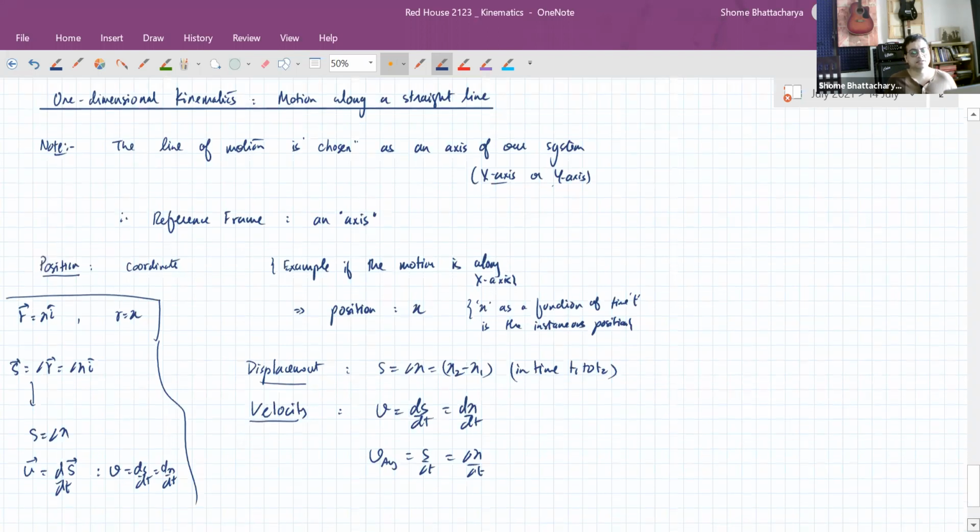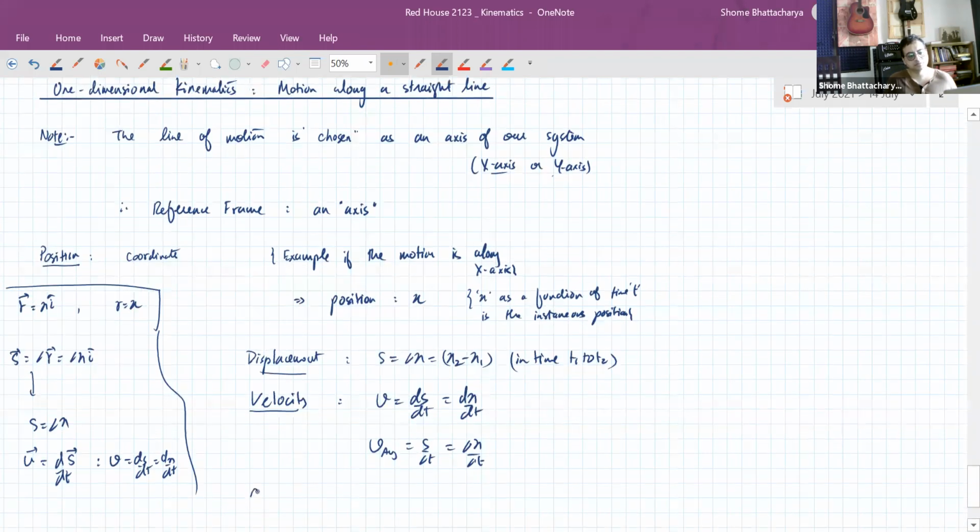And similarly acceleration can now also be described as d2x by dt square. So it's the rate of change of instantaneous velocity with respect to time, or the second derivative of position with respect to time.